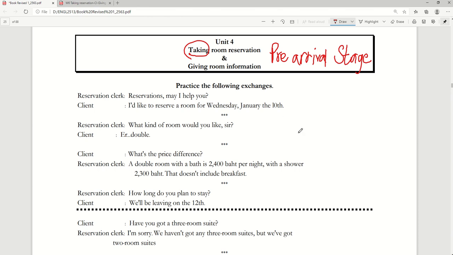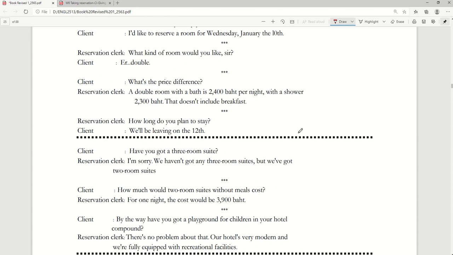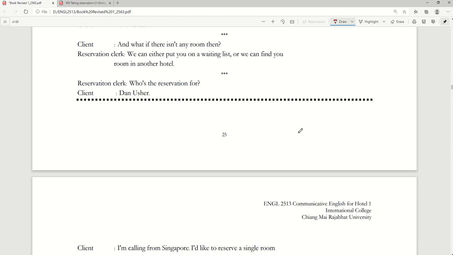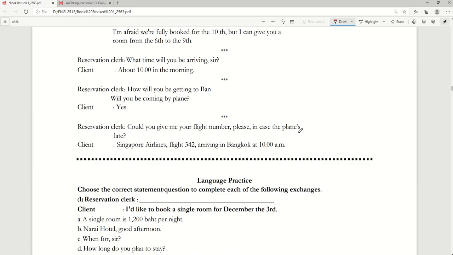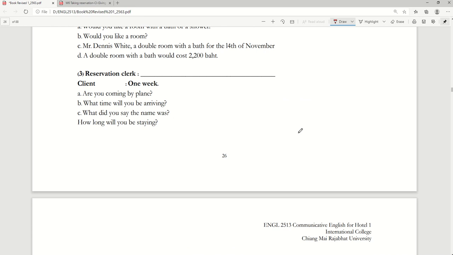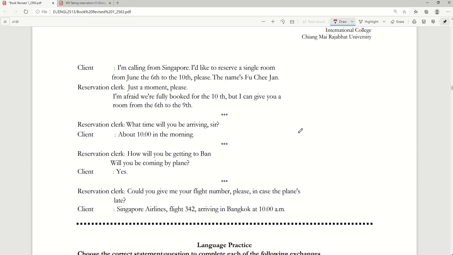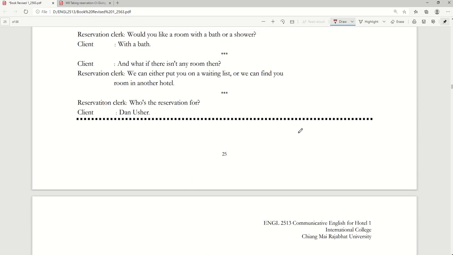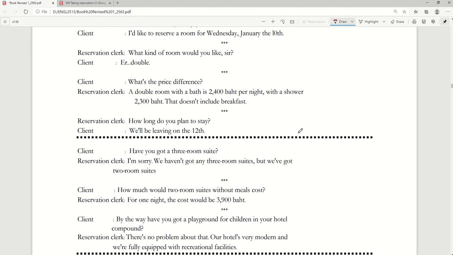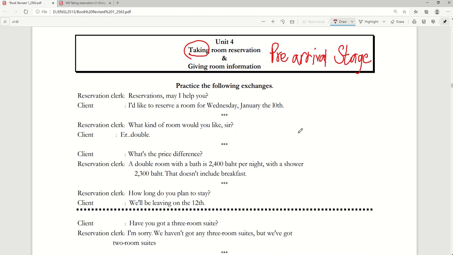From this page, from page 25 until the end of the unit, they are all about language practice. So if you look through Unit 4, you can see they are all conversations.